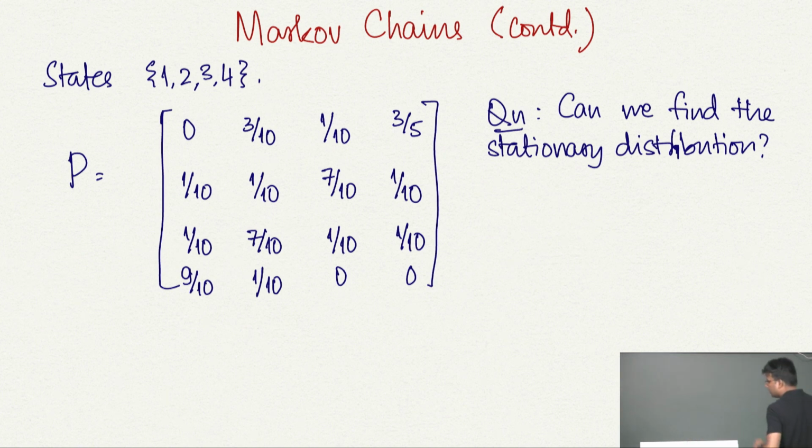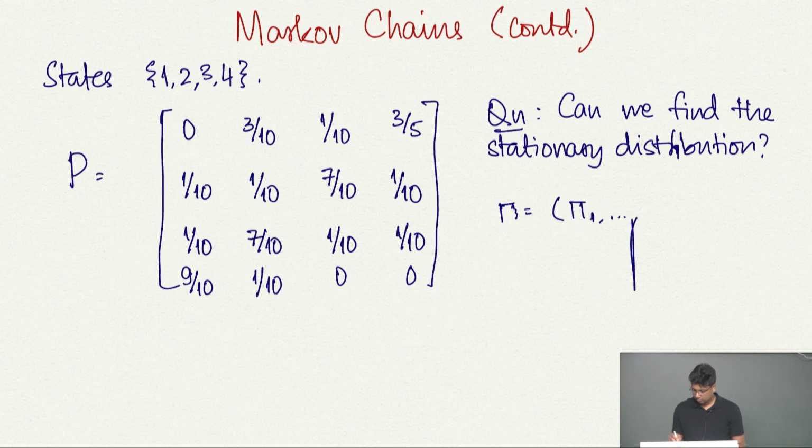To help you out, the stationary distribution pi is pi 1 through pi 4, since we have 4 states. So we have that pi will be equal to pi times P, and any vector pi that satisfies this equation is called a stationary distribution.